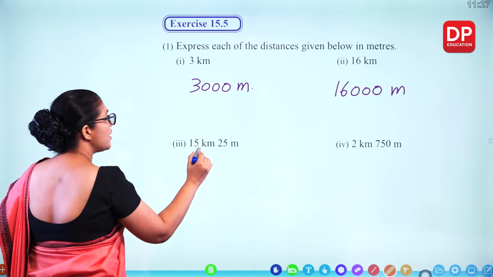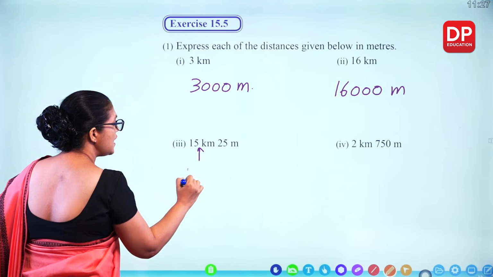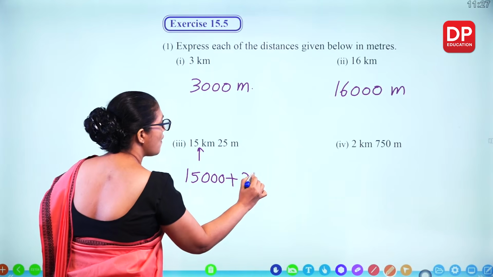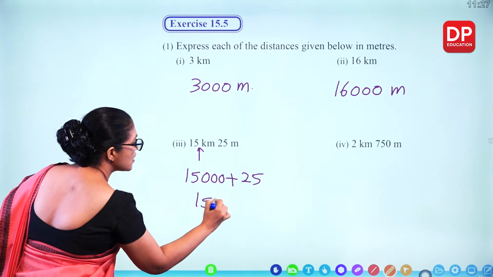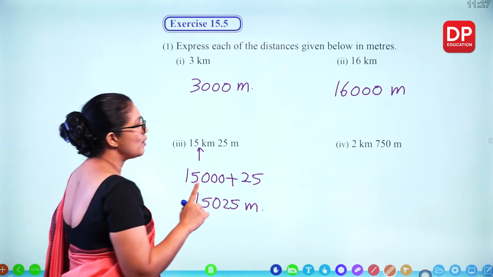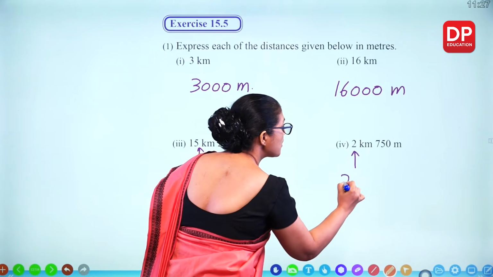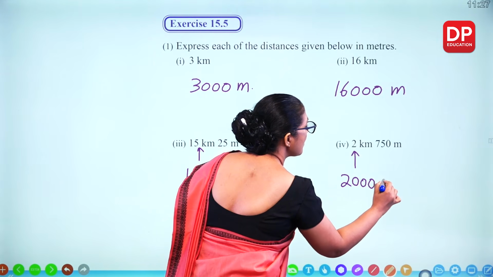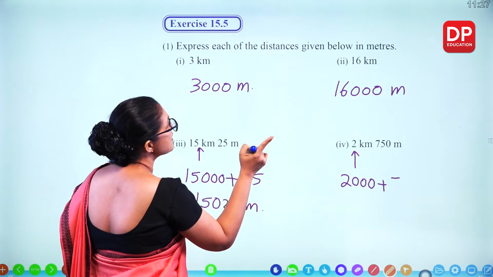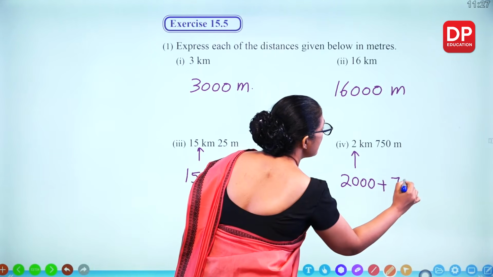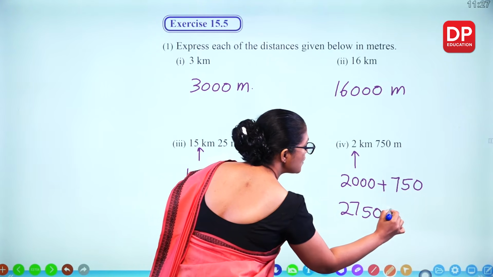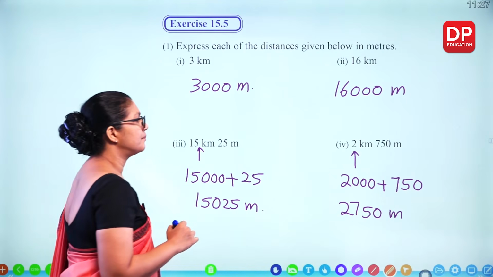This one you have to convert to meters first. 15 multiplied by 1000, that's 15,000 plus 25, you get 15,025 meters. 2 kilometers when you convert, this is 2000 and 750. So you need to write in meters, and adding 750 to that, 2750 meters.